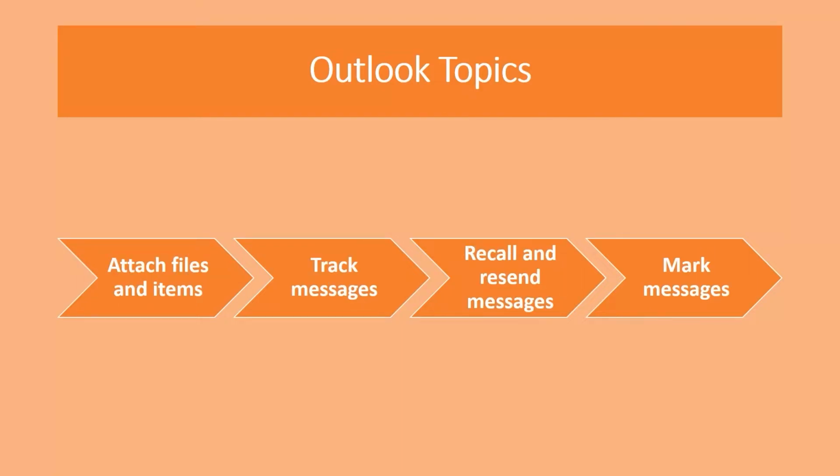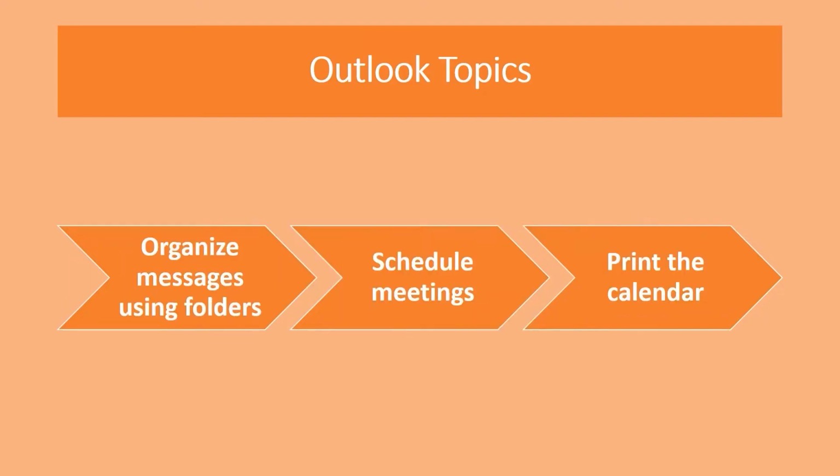We'll attach files and items to emails. You'll learn how to track messages, recall and resend messages, and mark messages. Then we'll get into organizing messages using folders, scheduling meetings on the Outlook calendar, and how to print the calendar.